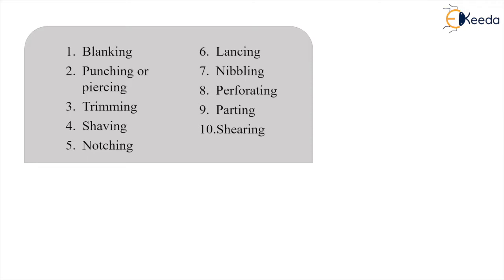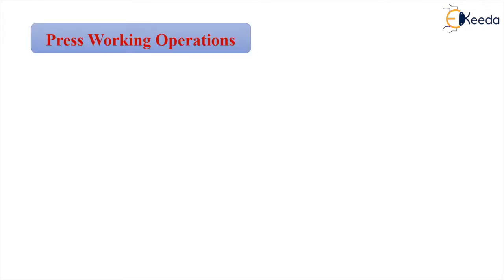So let us see the blanking operation. What is blanking operation? In the sheet metal operation, when the produced blank or disc by using the punch and die combination is the useful one, the produced slug or blank or disc is useful to us, then the operation is known as the blanking operation.